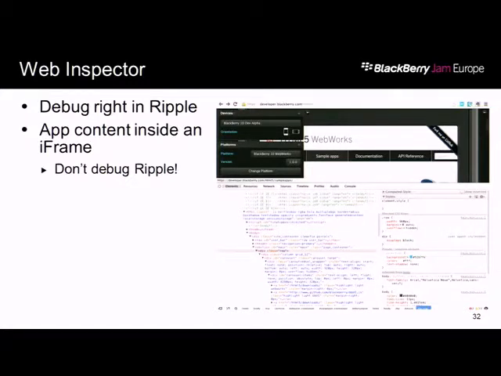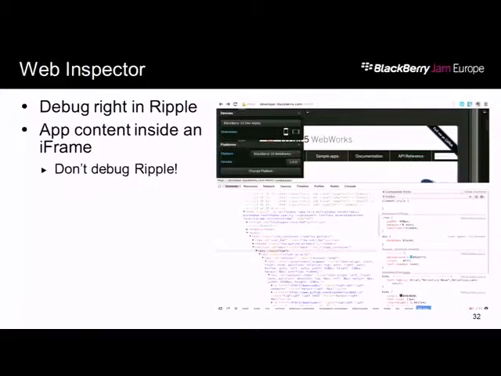Most WebKit implementations have support for it. If you ever go into Google Chrome on any web page, you right-click somewhere, and usually at the bottom there's an entry that says Inspect Element. If you click on that, you'll get this UI coming into the bottom of the application, and you can do a lot of things in Web Inspector.